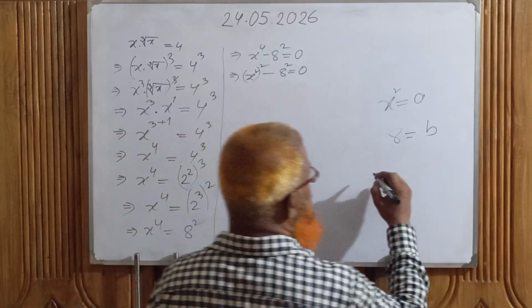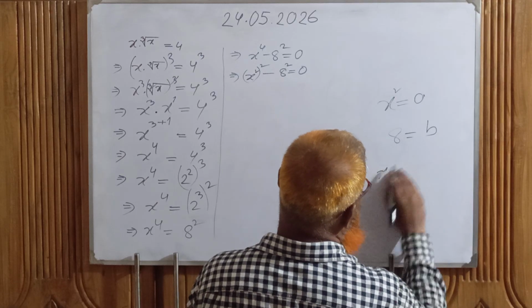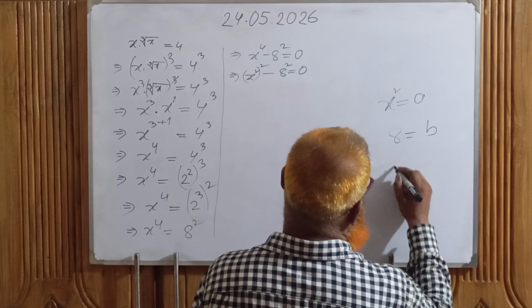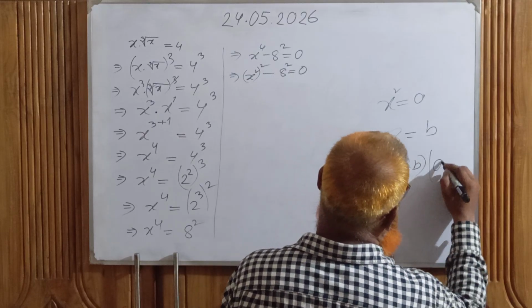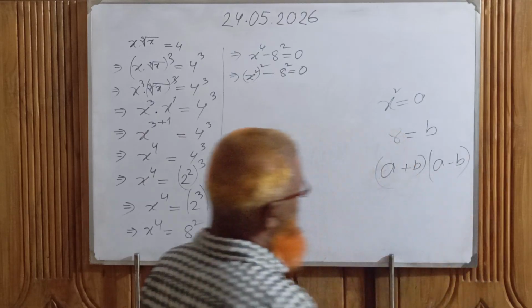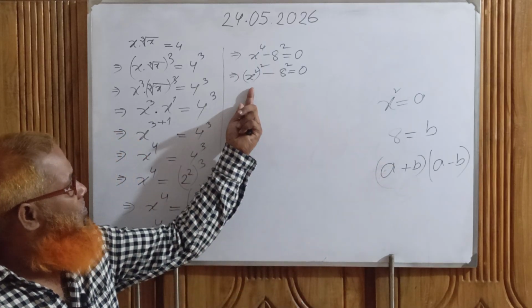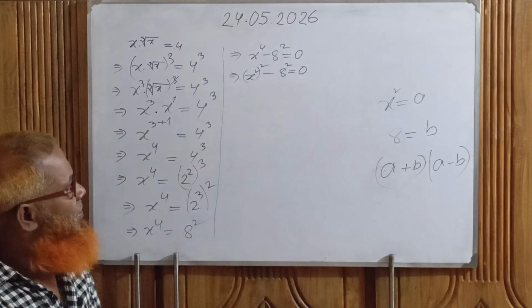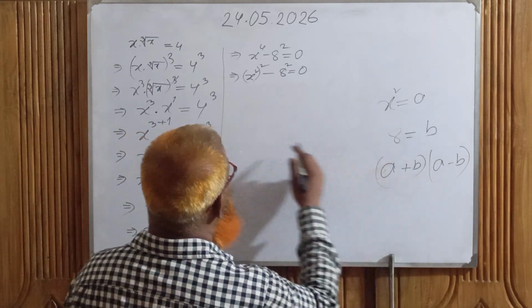That's the rule: a square minus b square equals a plus b into a minus b.